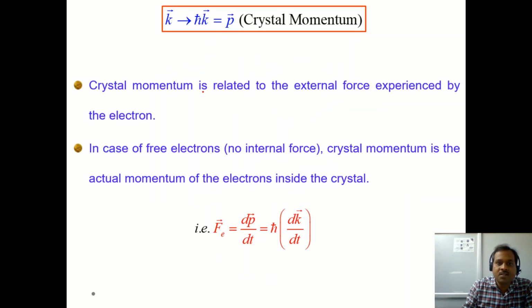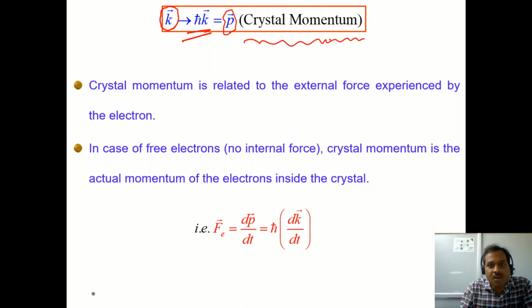Now let us look at what this wave vector represents physically. We know that when you multiply this wave vector with h cross, the dimension is that of momentum, and this momentum is called the crystal momentum. And what is the meaning of this crystal momentum? We know that the electron is moving inside the crystal.